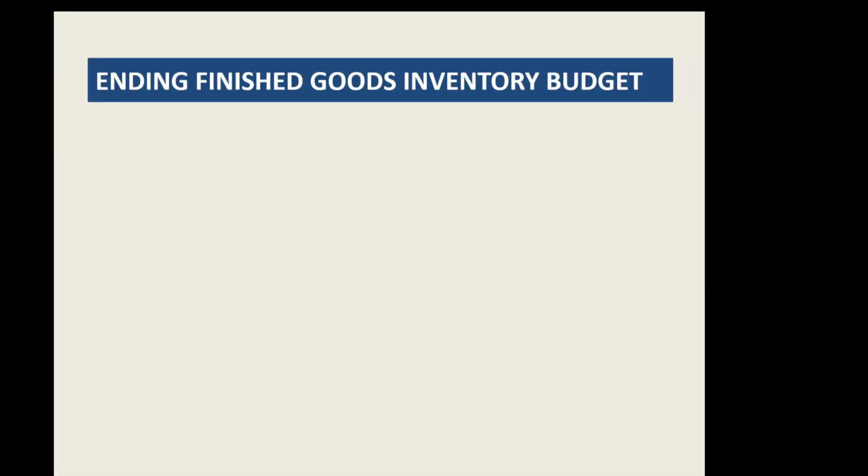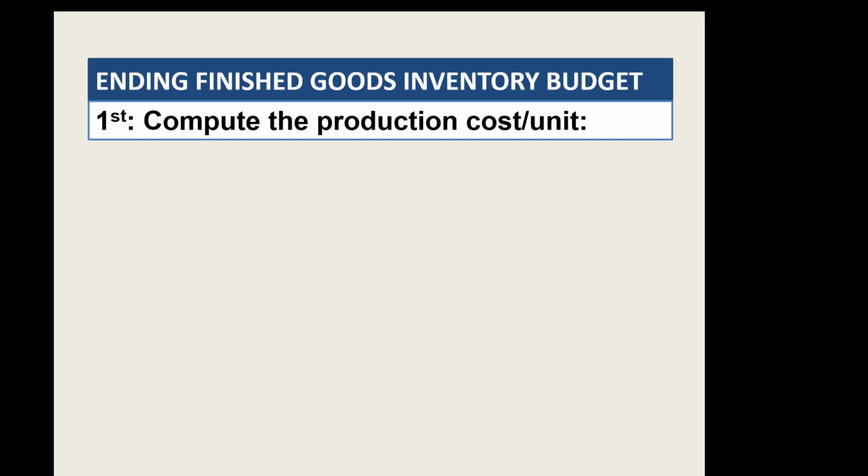Now that we've projected the direct material, direct labor, and manufacturing overhead costs, we can value our ending finished goods inventory. So first we'll compute the production cost per unit. And remember, you need to know whether we'll be using variable costing or absorption costing.